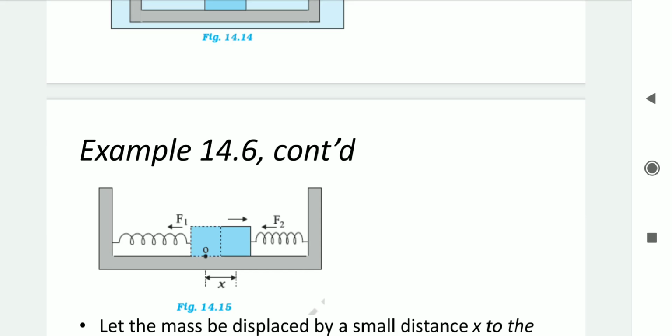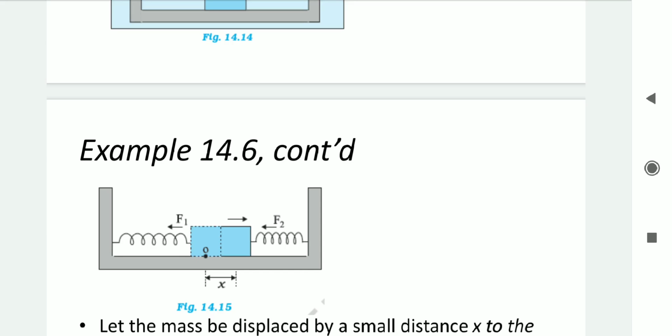By that elongation and compression, force is exerted on the mass m, because as the displacement arises, a restoring force is developed on the object. Due to that, force F1 is exerted by the spring on the left side, pulling the mass towards its mean position, with F1 equal to minus kx.